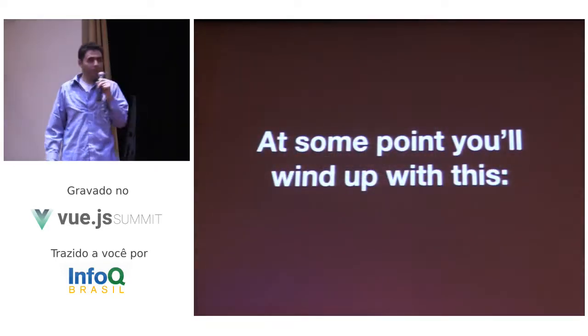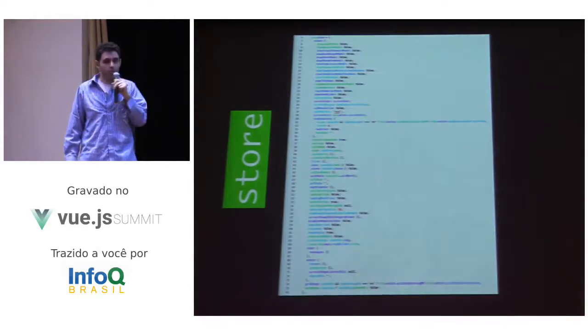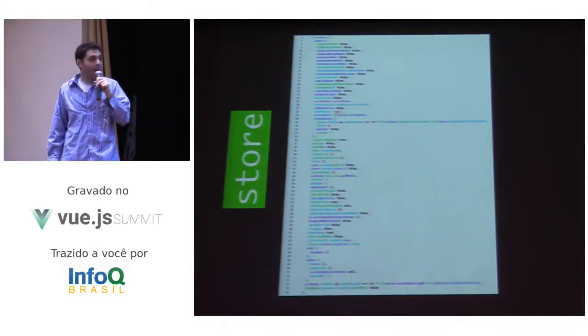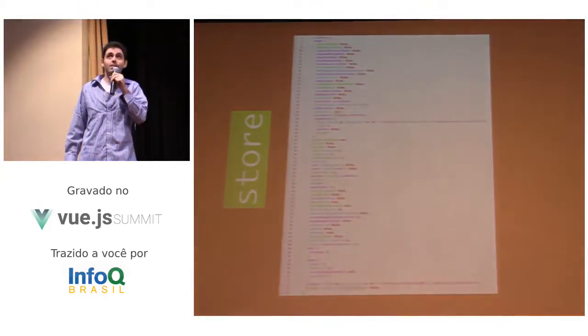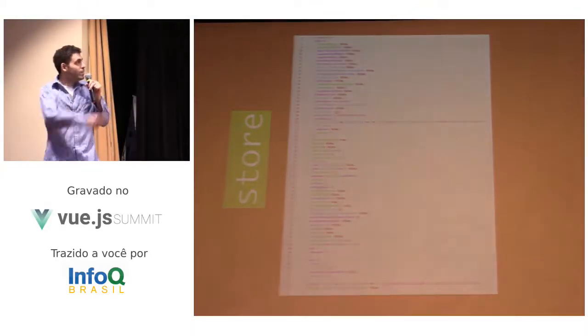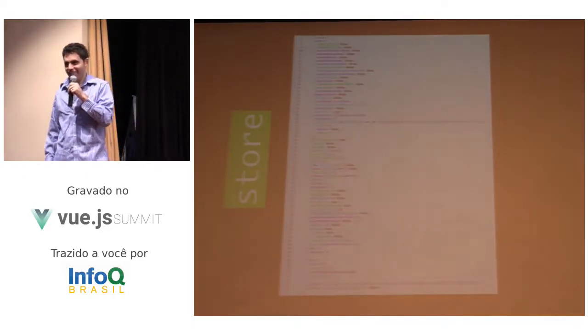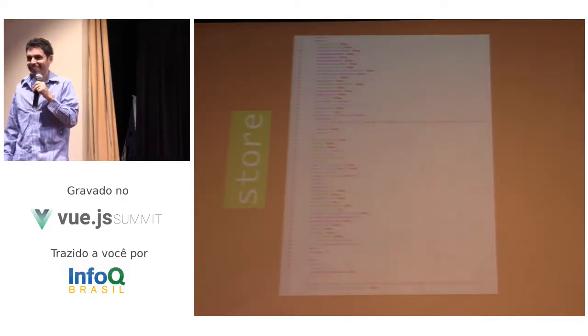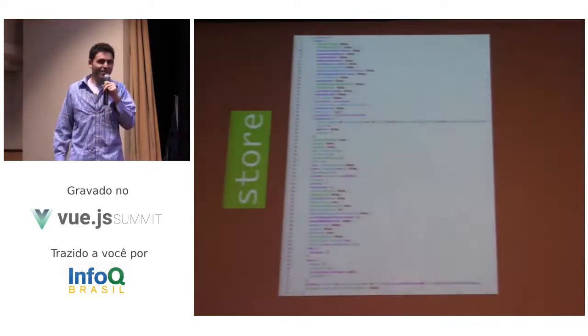But at some point, you'll wind up with something like this. Tell me if you've ever had this. Here's your store object now, and it's 6,000 lines long, and you have no idea. Ooh, lights. Can everybody still see the slides okay? Turn the lights off. Please. Thank you.